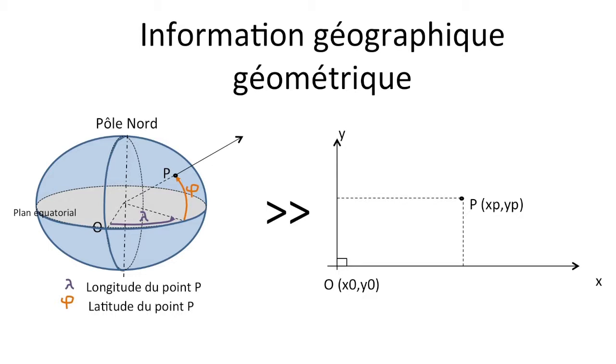Longitude is also an angle between a particular meridian plane, that of Greenwich, and the meridian plane passing through the P-point. The first processing to perform in geomatics is to go from that set of coordinates, latitude, longitude, to coordinates that are more easily manipulated inside the plane, in an orthonormal marker XP and YP.